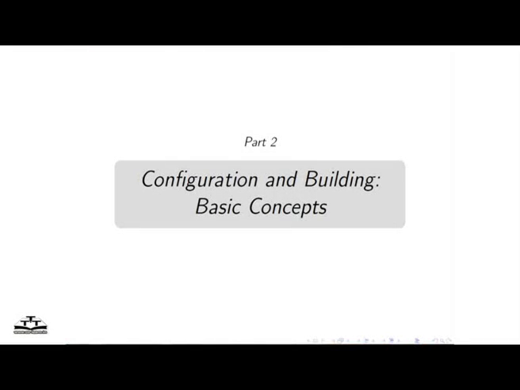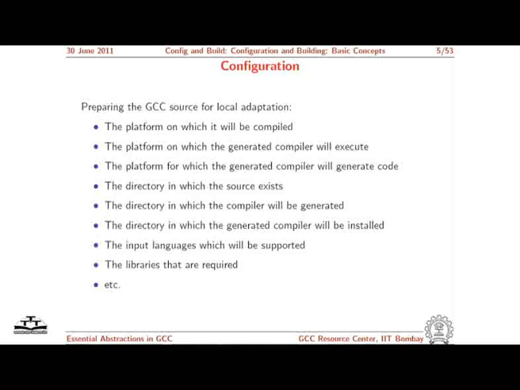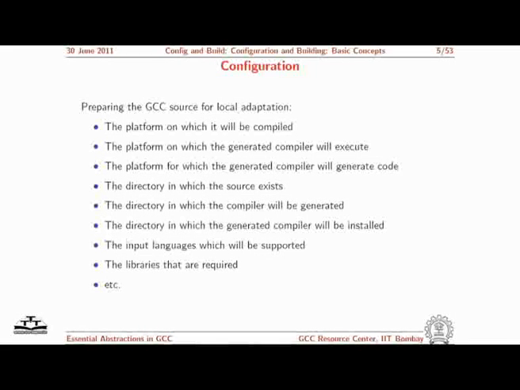So let's come to configuration and building. Given that this is the organization of the source code, let's see how we actually configure GCC. So what do we mean by configuration? First of all, GCC, as we have observed, is a compiler generator, and it can generate compilers for many languages and many backends.